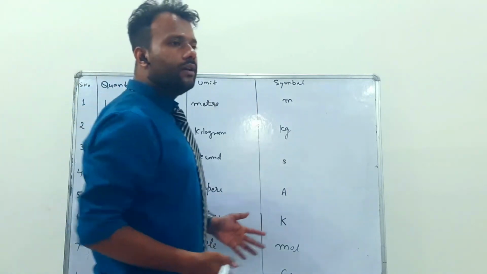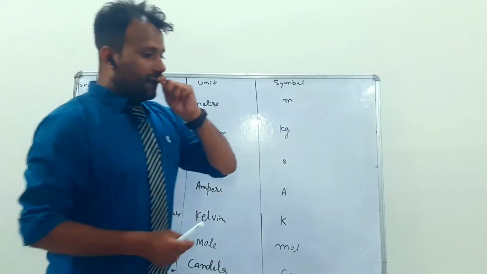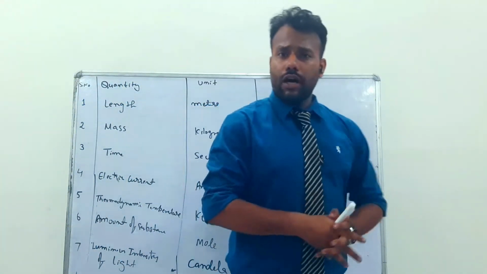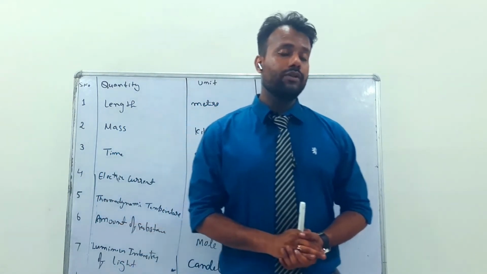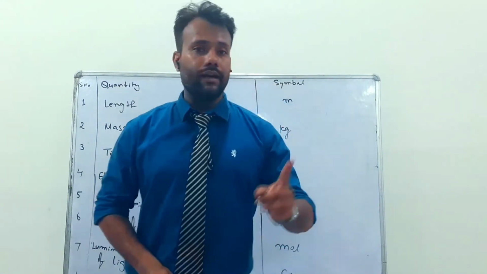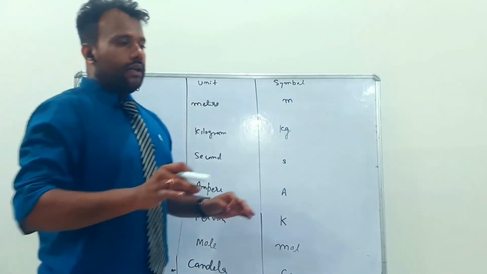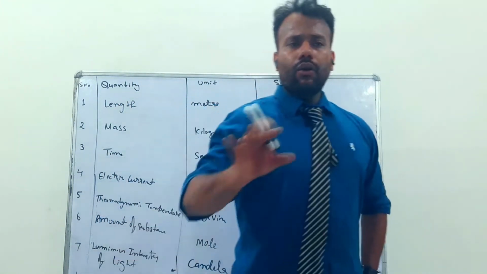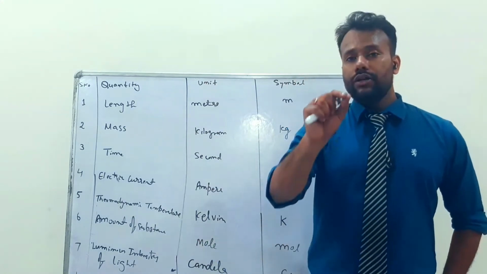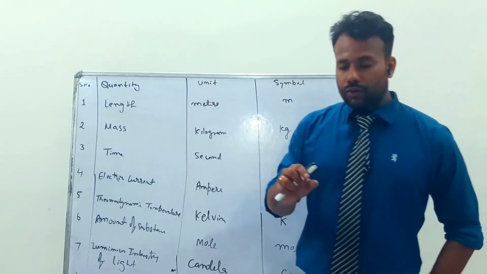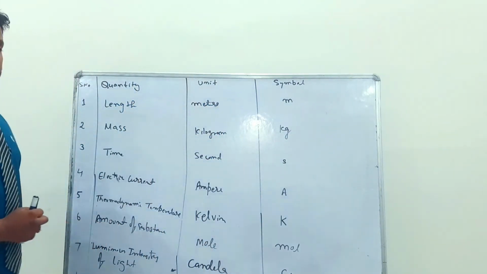The unit of speed is meter per second, meter and second. The SI unit of charge is coulomb, but 1 coulomb is equal to 1 ampere into 1 second. Again, ampere and second. So all other units are basically derived from these 7 units, right? That's the significance of our fundamental units and quantities.